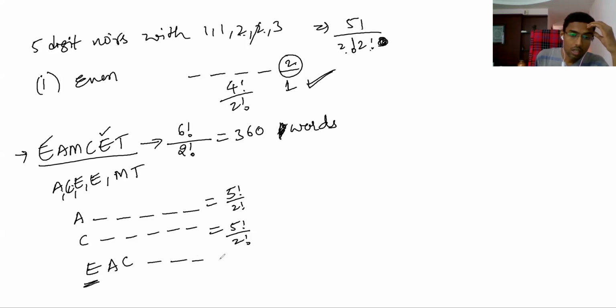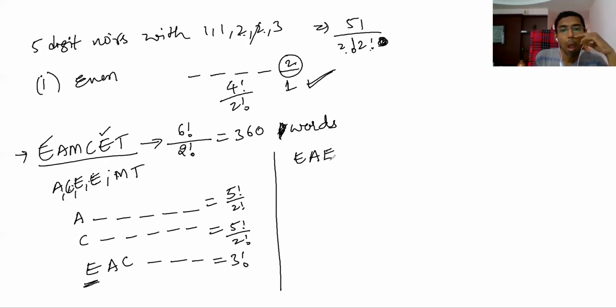How many start with EAC? 3 factorial. Then after EAC, EAE also can come. EAE, how many? 3 factorial.